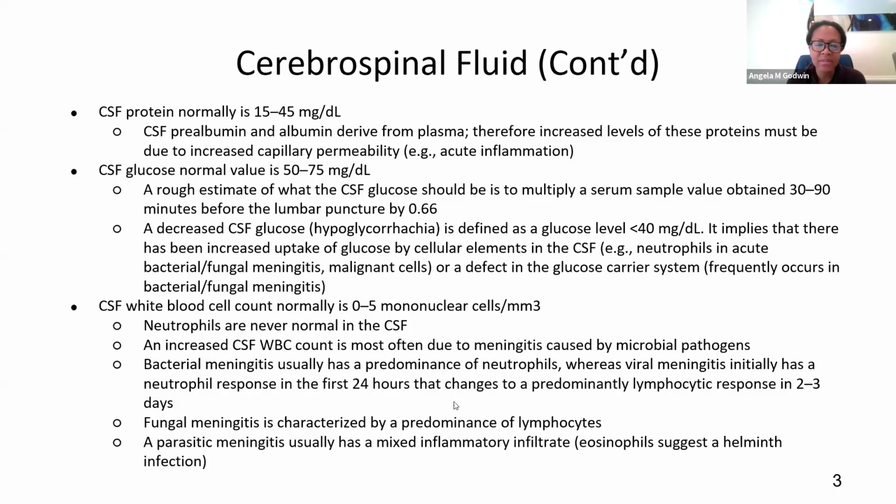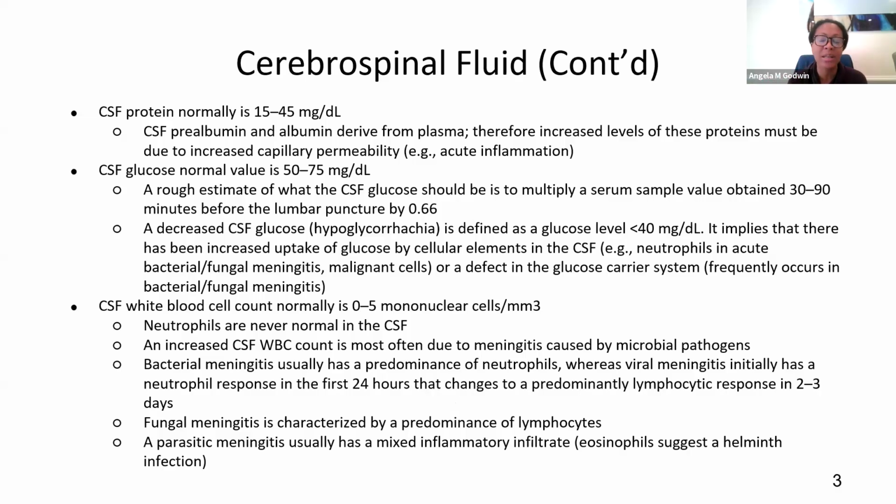Infectious processes, malignant cells, tumors, cancer, things like that. It could be a defect in the glucose carrying system, like you might see in meningitis, which we're going to talk about, so an actual glucose transport issue. But normally I'm thinking some sort of pathologic process is happening.